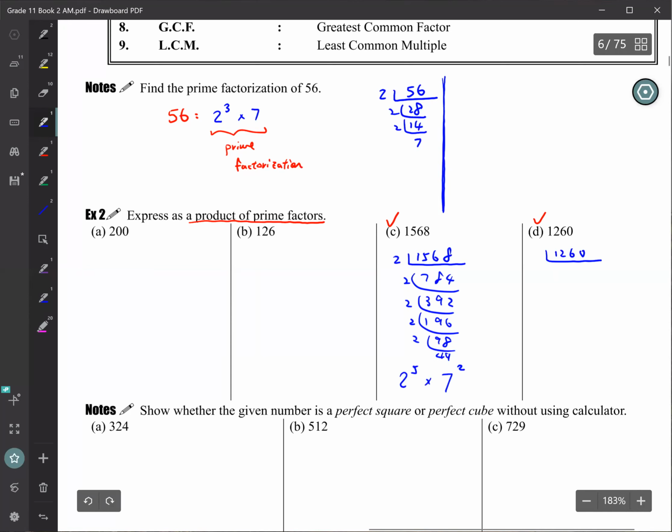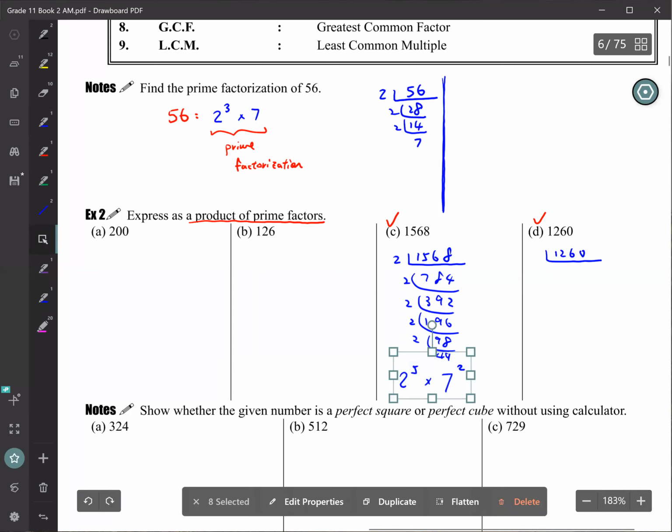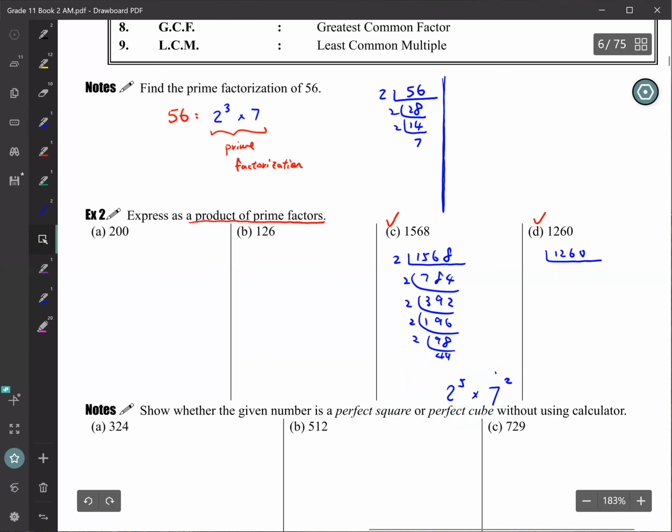Oops, no more space. Not 2 again, 7, right? 7, 7. So total, you get 5 2s and 2 7s.